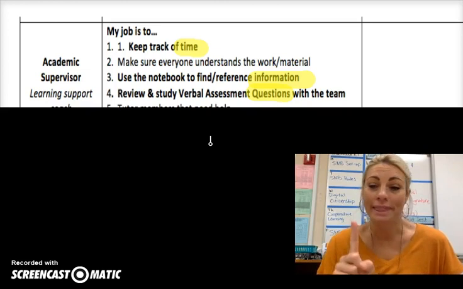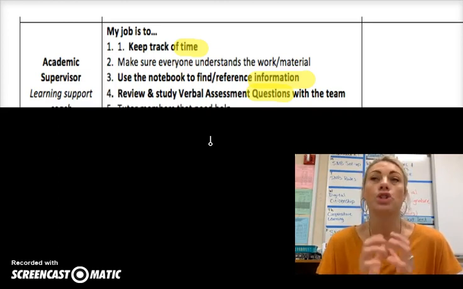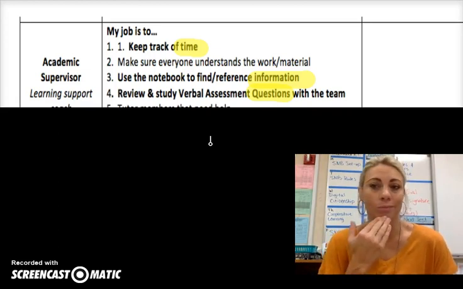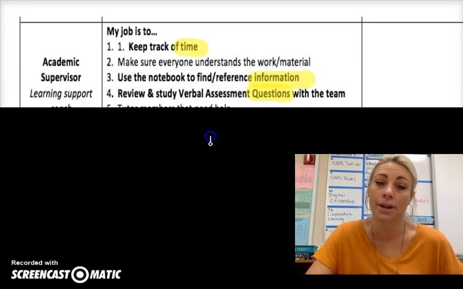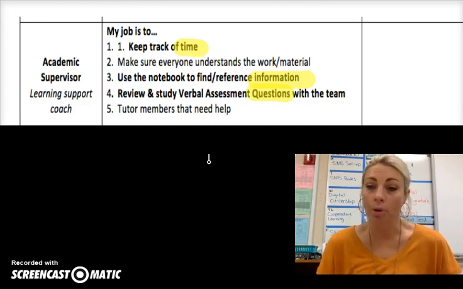If one person on the team cannot answer my questions, nobody gets their work signed off, which means nobody gets credit. So it's your job, academic supervisor, to work together to make sure that everybody knows the verbal, meaning we just talk, assessment, which means I'm checking for understanding, and everybody knows the answers to the questions that I'll put up on the screen. And if you're able to, help and tutor people on your team that need help.